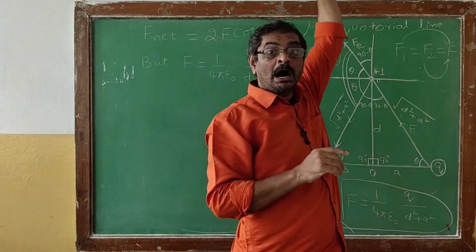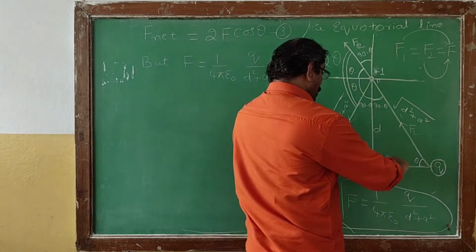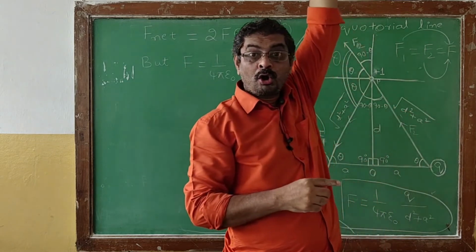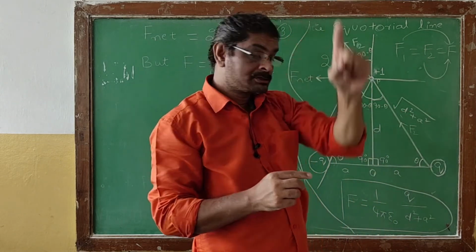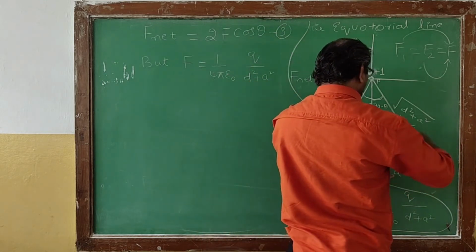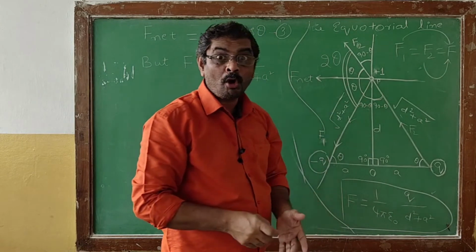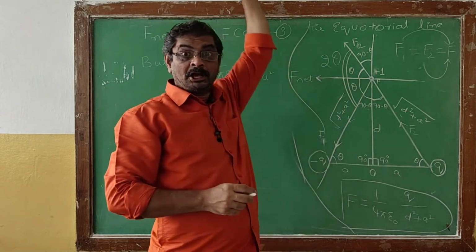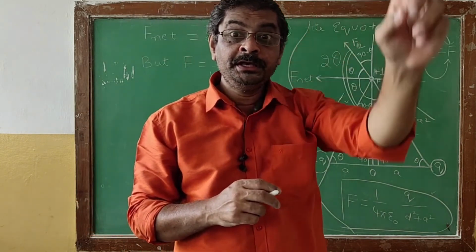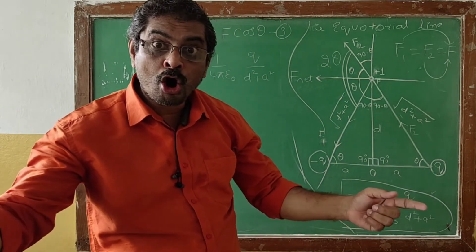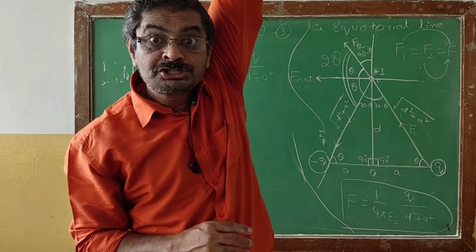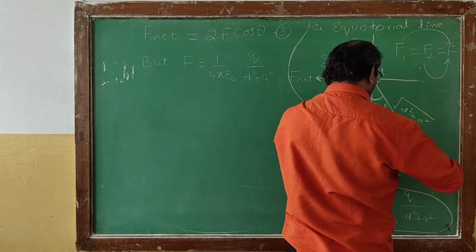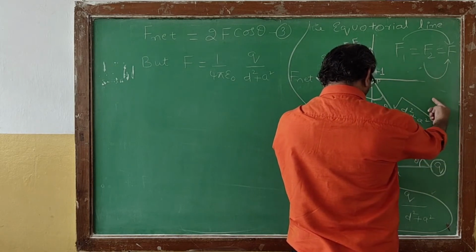So cos theta is defined as adjacent divided by hypotenuse, or cos theta will always be written as adjacent divided by hypotenuse. So from this particular triangle, I can find the value of cos theta. So cos theta will be numerically equal to adjacent divided by hypotenuse.